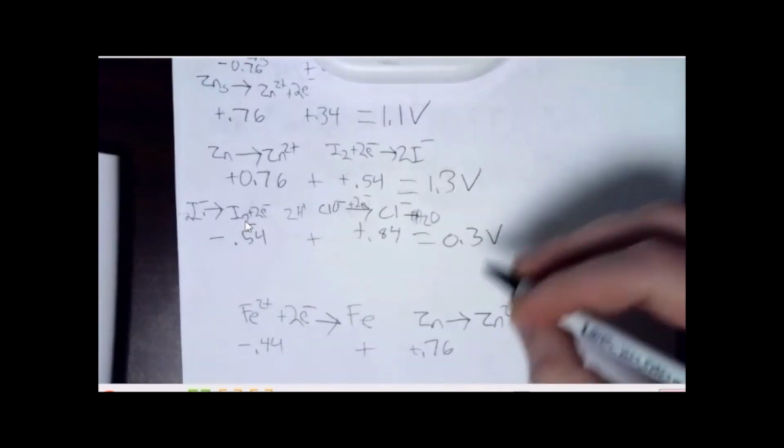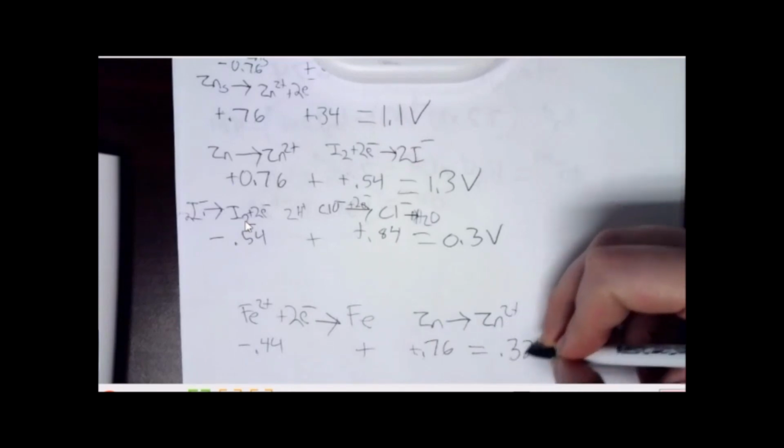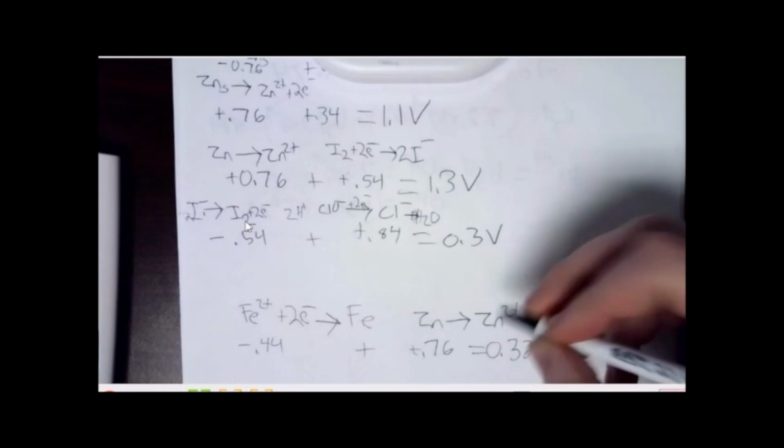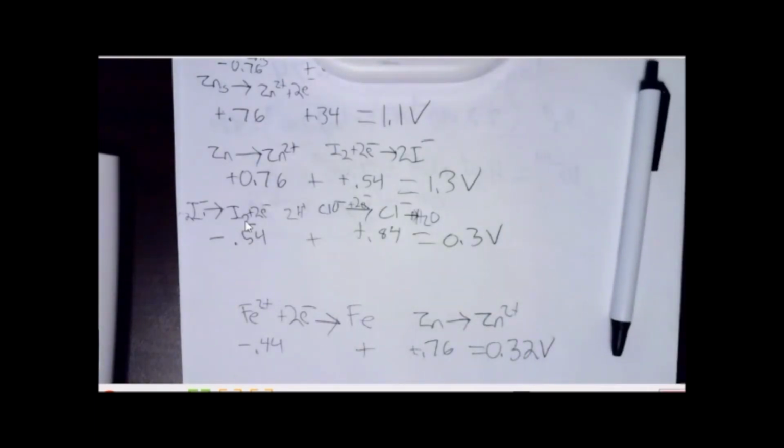When I add these two together, my voltage is 0.32 volts. All of these are positive voltages, so they would all naturally occur. If I were to ever get a negative voltage, it would need energy to run.